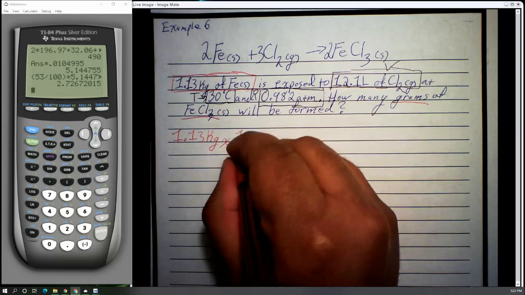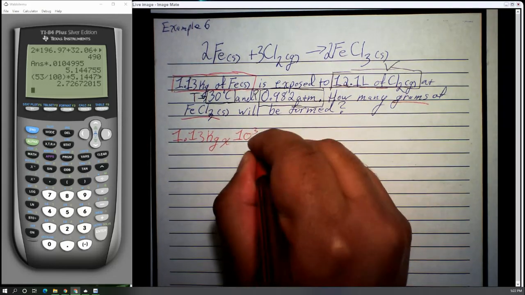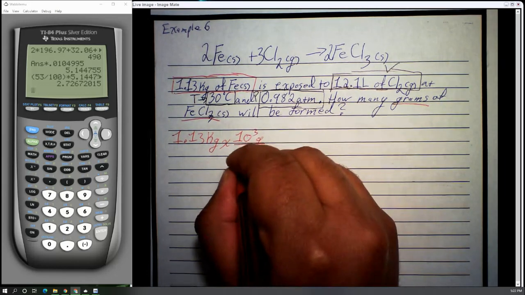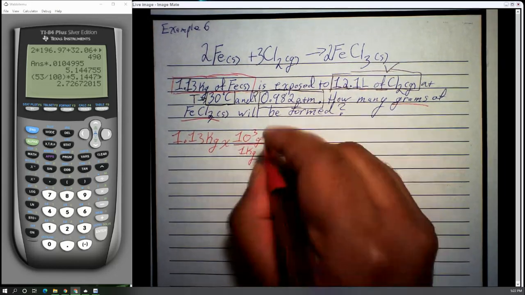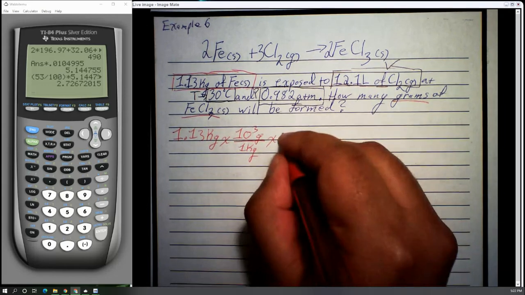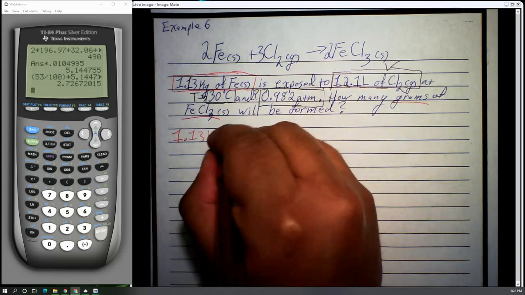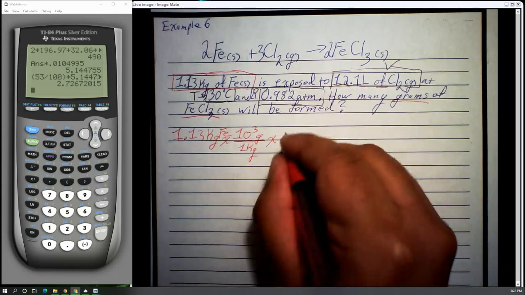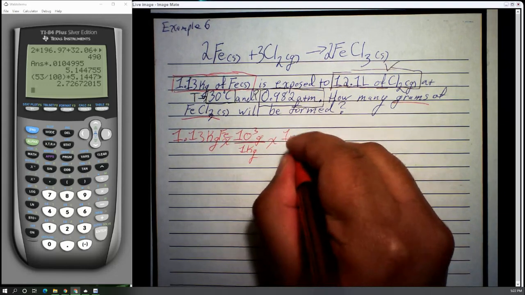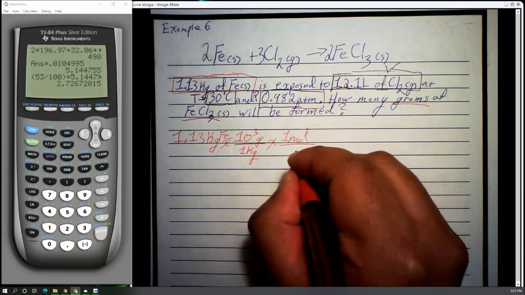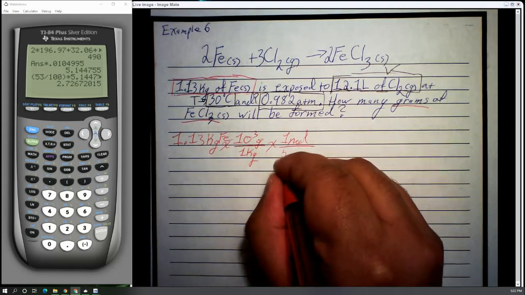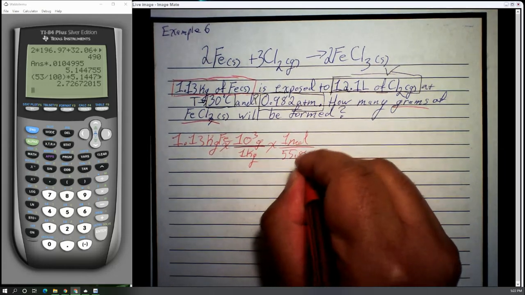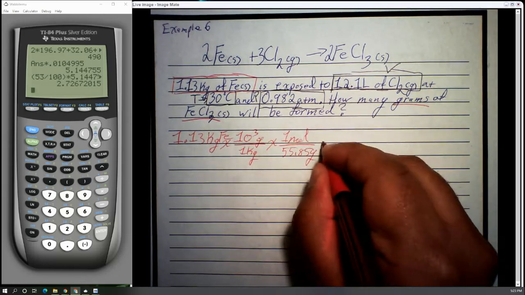As you may recall, there are 1,000 or 10 to the third grams for every 1 kilogram. And then, so this is iron, we can convert this into moles by dividing by the molar mass of iron, which is 55.85 grams.